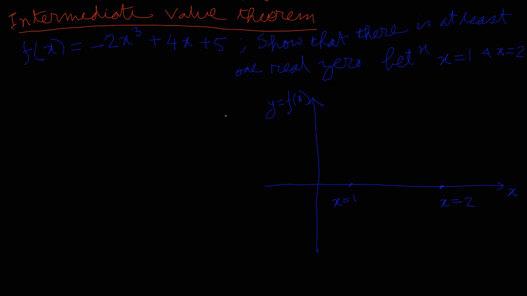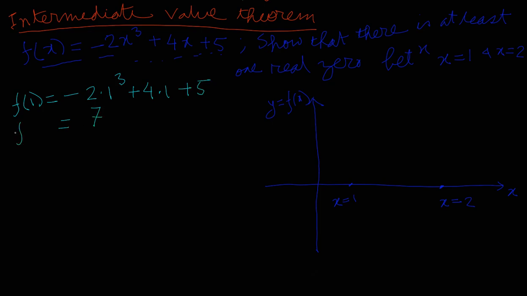Of course, at this point I do not know the plot of the whole function, but I do not need to know. I'll try to find only these two points. So first of all I'm going to find f(1) and f(2). So let's find f(1). What is f(1)? Negative 2 times 1 cube plus 4 multiplied by 1 plus 5. So I got f(1) equal to 7.